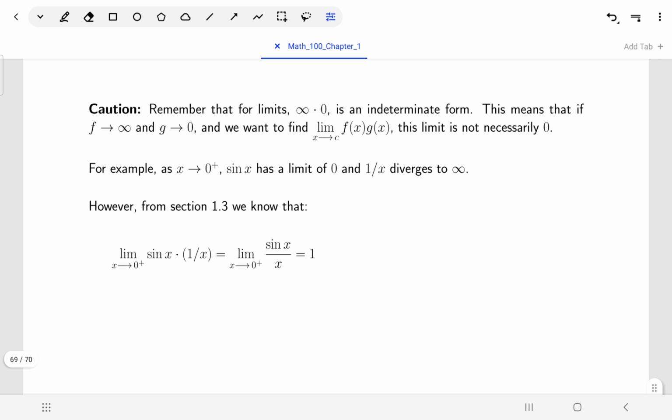I mean, a good example of 0 times infinity being indeterminate is that sine of x goes to 0 as x goes to 0. 1 over x, as x goes to 0 from the right, goes to infinity.